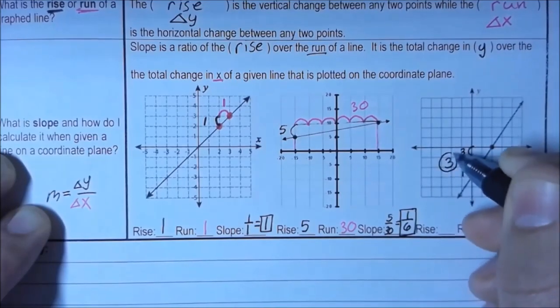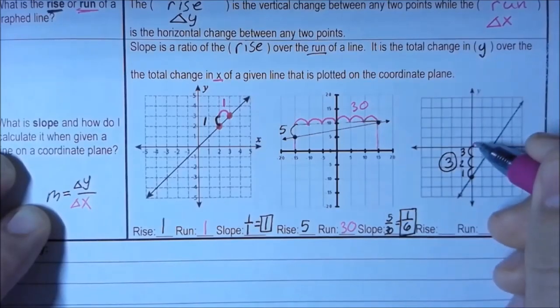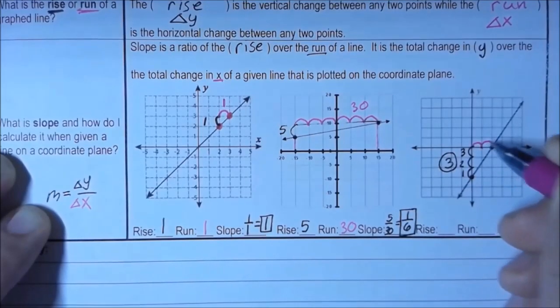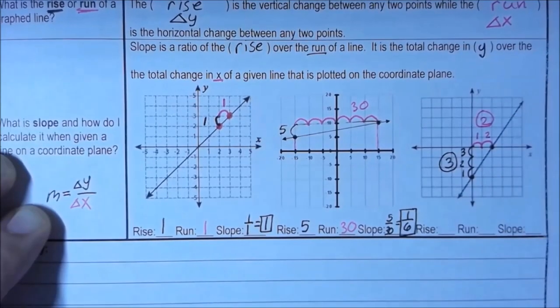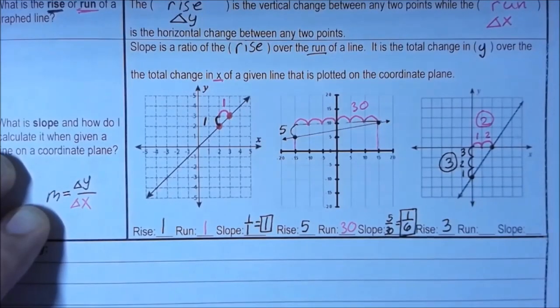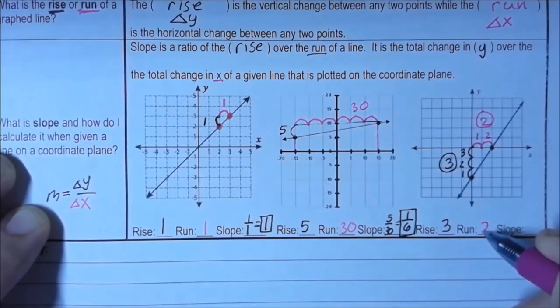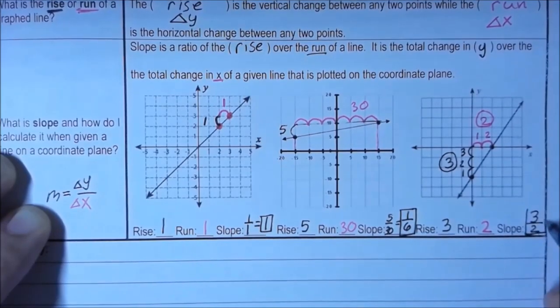Now when it comes to our run, we went over 1, 2. So this one is 2 units for our run. So our rise is 3, our run is 2. When we write our final answer, we're going to end up with 3 over 2. Now that can't be further simplified, so that is our answer.